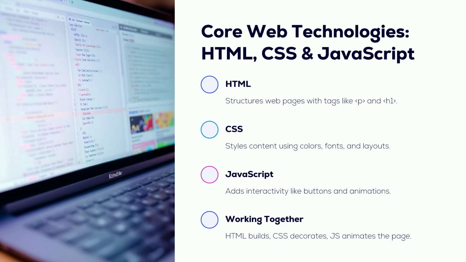Now, to make this structure look more appealing, we use something called CSS. CSS is also a type of styling language. With this, you are able to control the colors, the fonts, and the layouts of the webs. Now, to make these web pages more interactive, we use something called JavaScript.